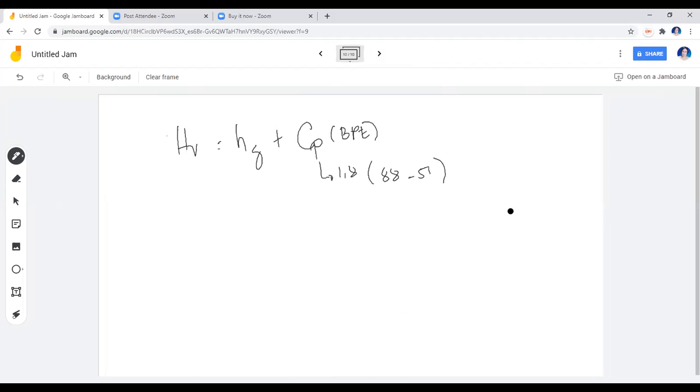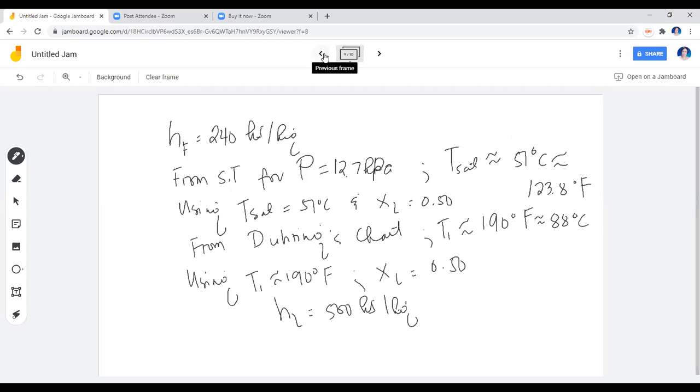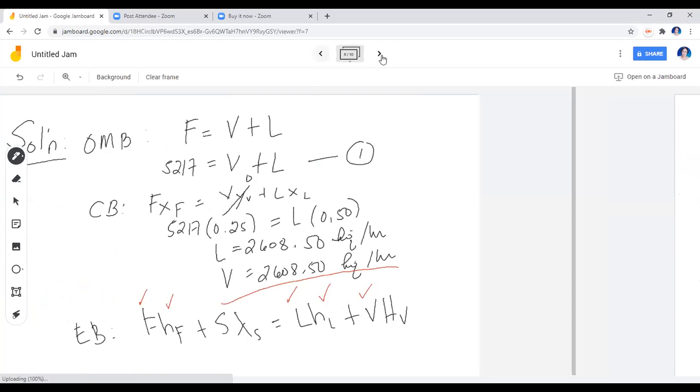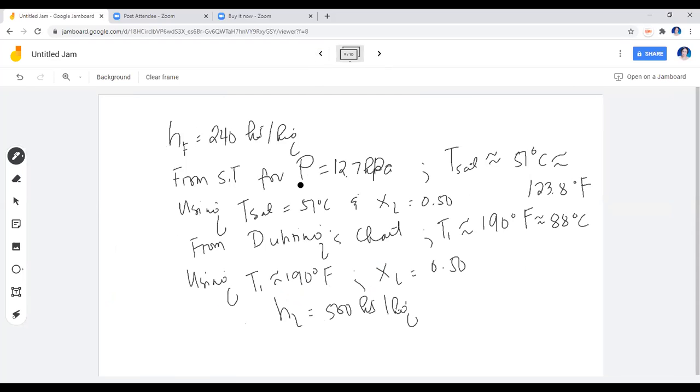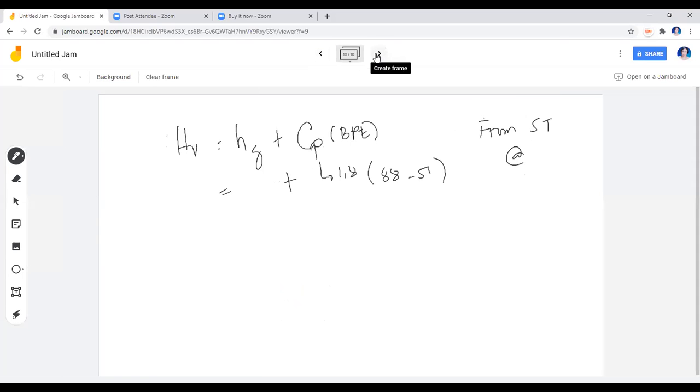We call this the superheat. 1.8 times 88, the boiling point of the solution, minus the saturation temperature. The Hg will be taken from the steam table. So I would like to approximate that. So from the steam table at the pressure, which is, what's the pressure? 12.7 kPa.